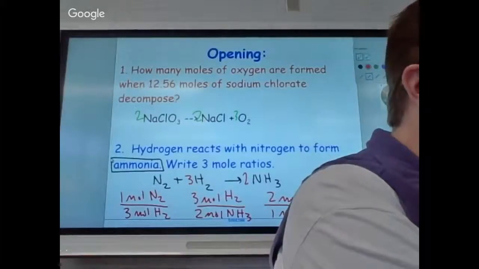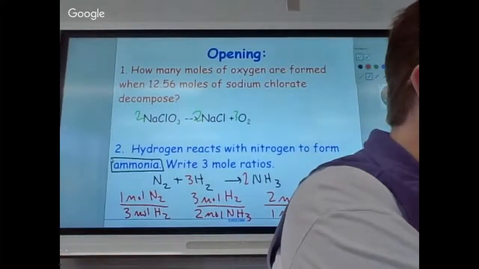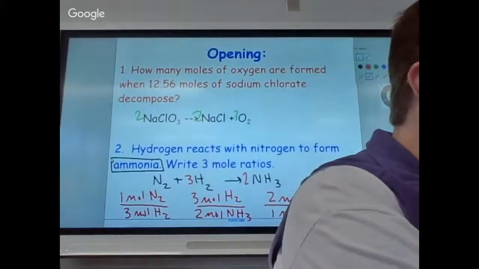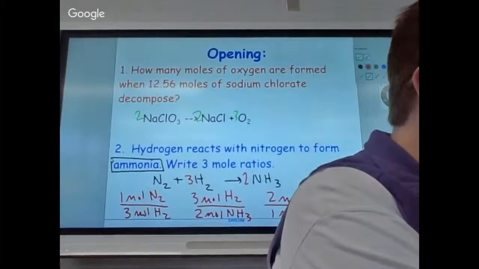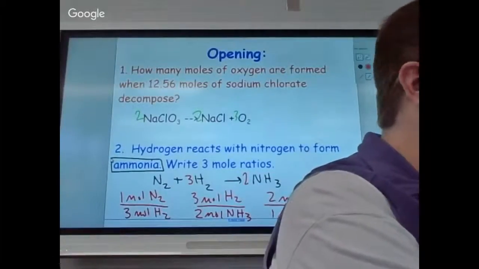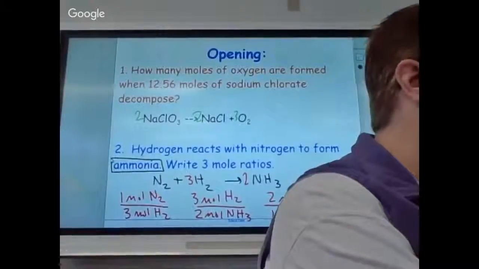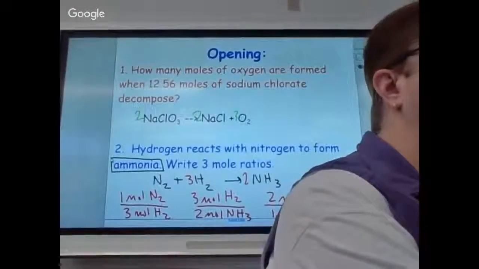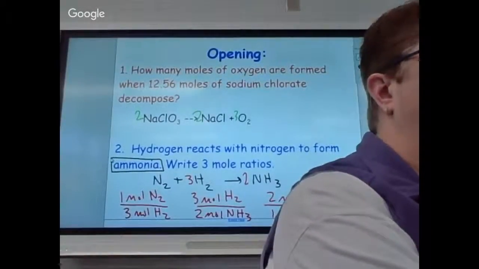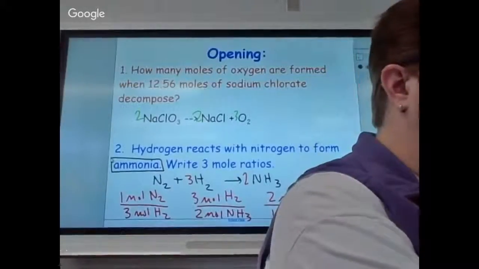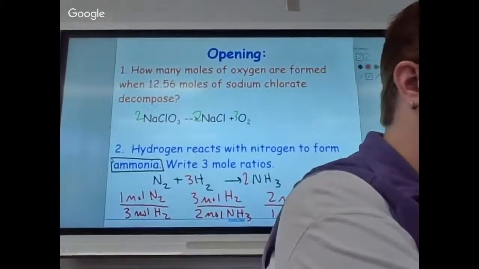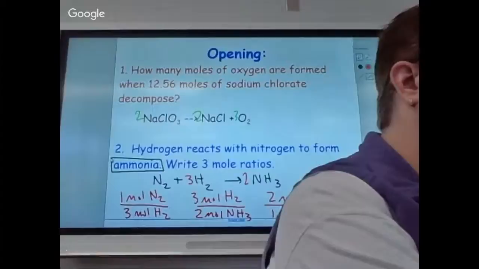Question 3, 3.75 moles. Question 4, 2.25 moles. And question 5, 7.2 moles. Number 1 is 0.128. 4 is 2.25. Any issues?